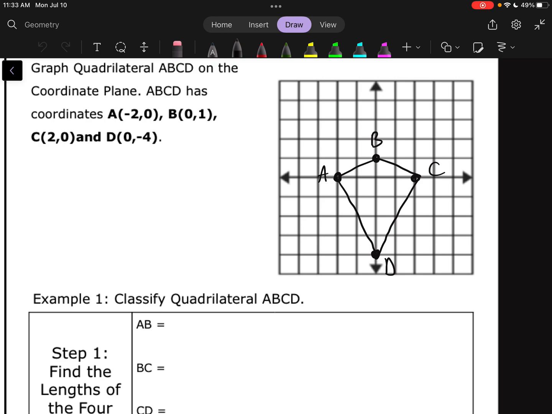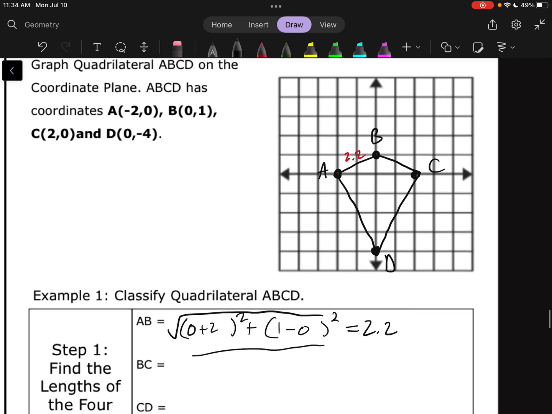So for AB, do the distance formula. I'm going to be doing 0 minus -2, or 0 plus 2, and 1 minus 0. And that should be 2.2. For BC, when I do it here, I'm going to be doing 2 minus 0 and 0 minus 1, which should also give me 2.2.